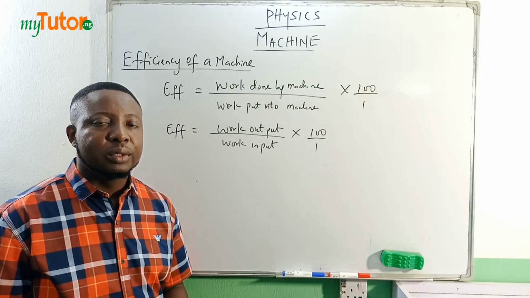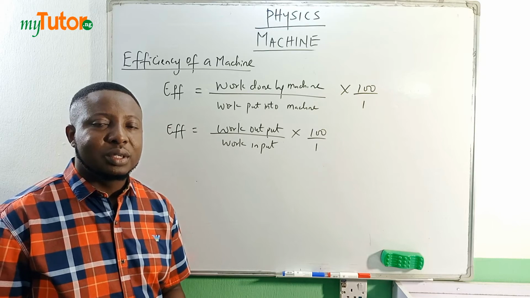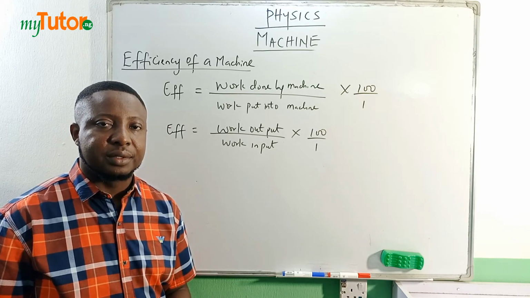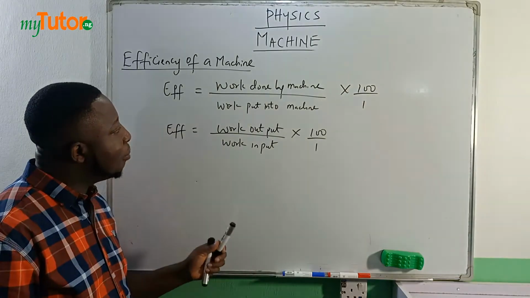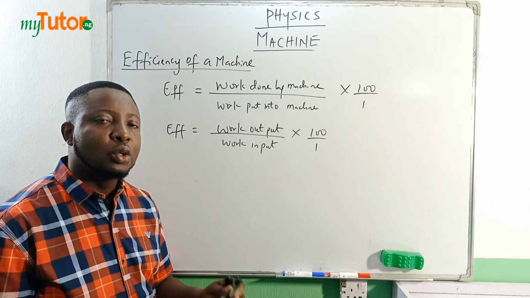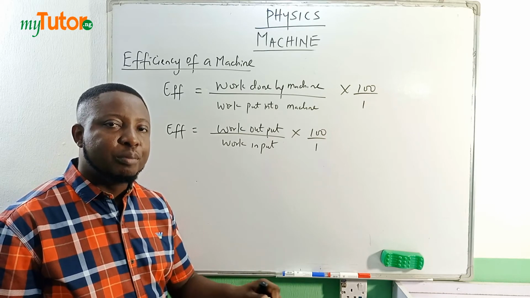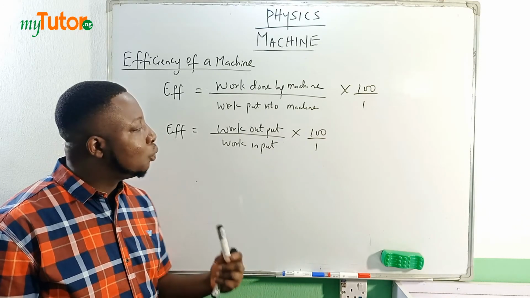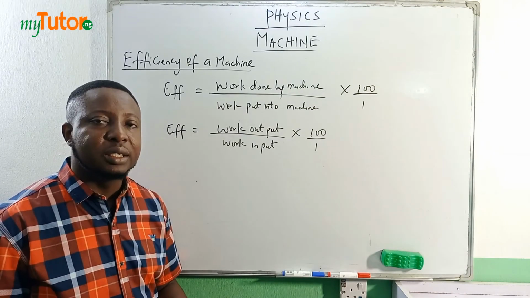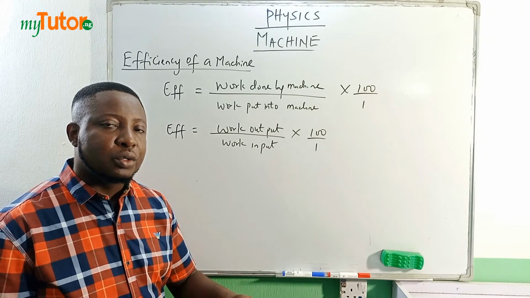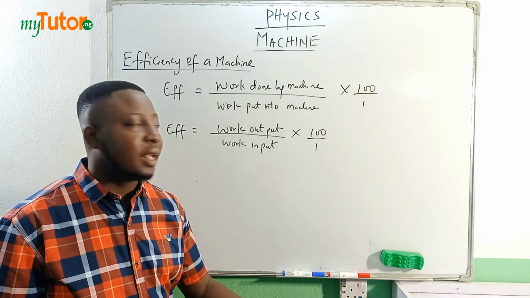If you recall, the work done is equal to the force times distance. So the work done by the machine, which is our work output, is equal to the load times distance moved by the load, while the work put into the machine is equal to the effort times distance moved by the effort.